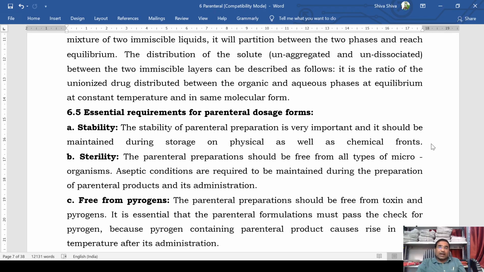Then sterile. So this is the important parameter of parenteral dosage form. If a product is not sterile, we cannot call it a parenteral. So a parenteral product should be sterile, that is, should be free from any kind of viable microorganisms. And in order to prepare a sterile formulation, aseptic conditions are maintained.